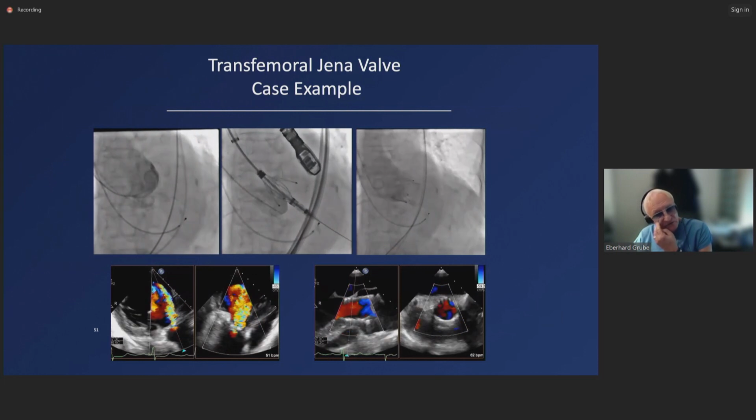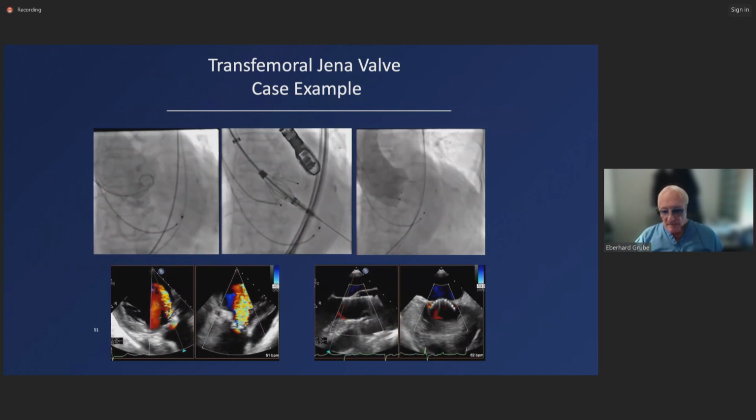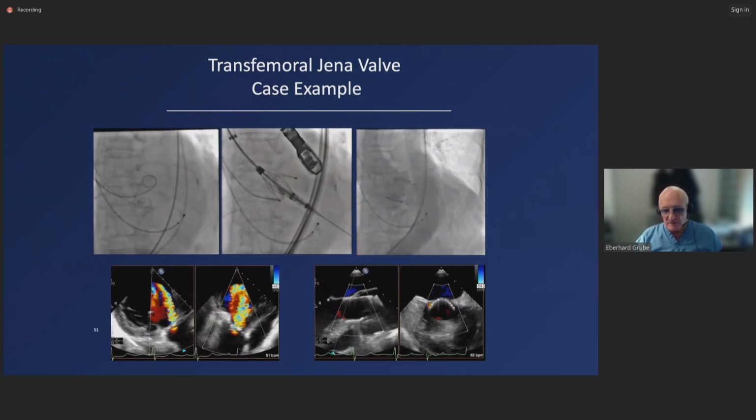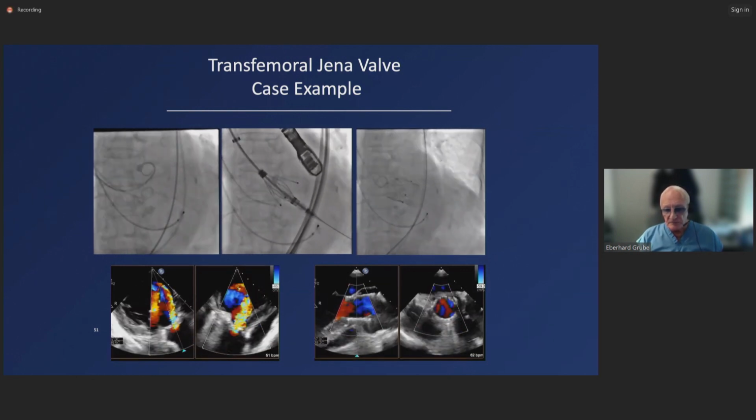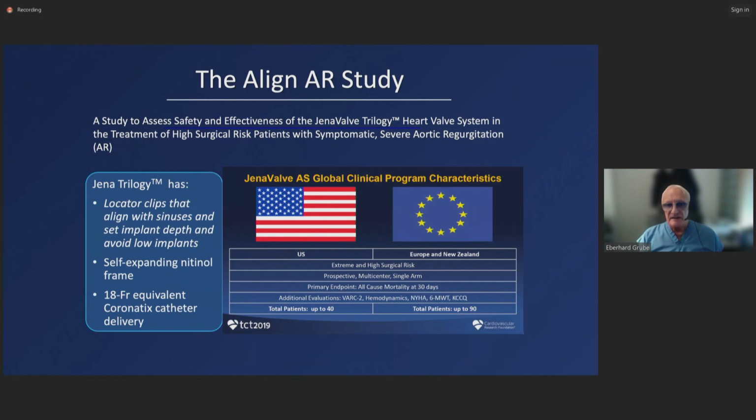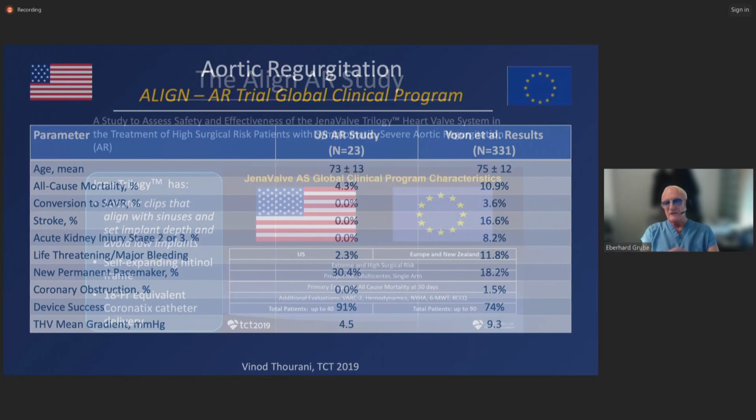This is a case from my colleagues in Cologne, a very successful treatment of massive aortic insufficiency with this particular valve. The ALIGN-AR study in Europe and in the United States, assessing safety and effectiveness of the Jenna valve, has been concluded.